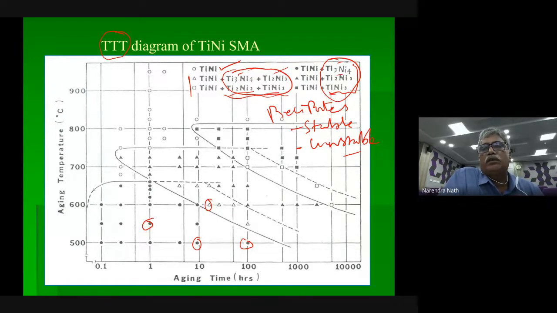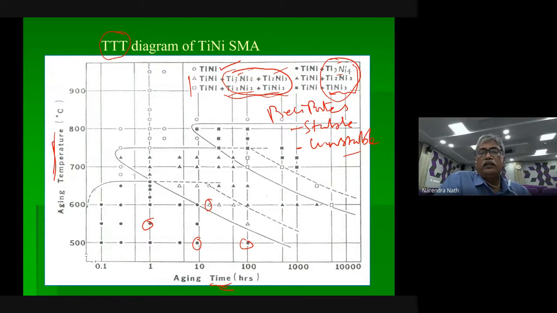That is a question mark. Normally you cannot avoid these. Definitely they will come. At what percentage you get these, Ti3Ni4, Ti2Ni3, matters. For that you have to use temperature versus time during aging, after melting.